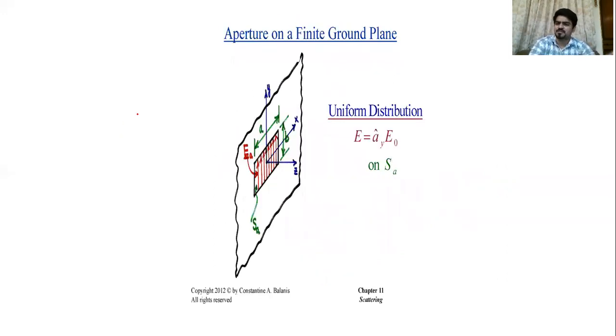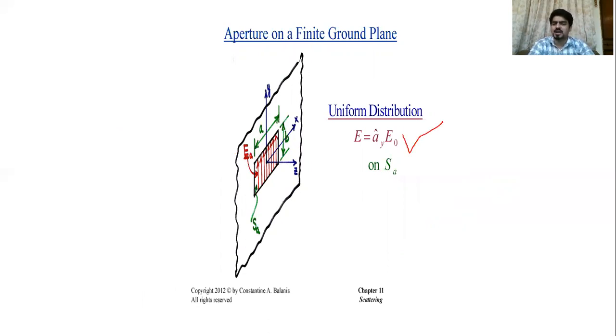Now these are some of the other cases. You can again do similar analysis when you have an aperture opening on a finite ground plane and that aperture is radiating. Maybe you can assume that you have a very narrow slot, and that slot is radiating, and that slot is mounted on a finite ground plane with a finite size.